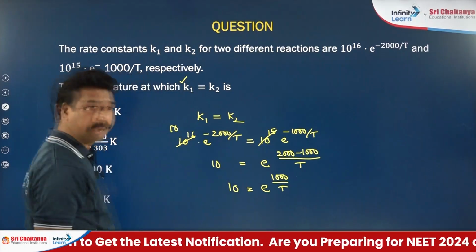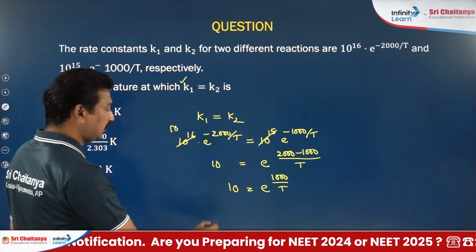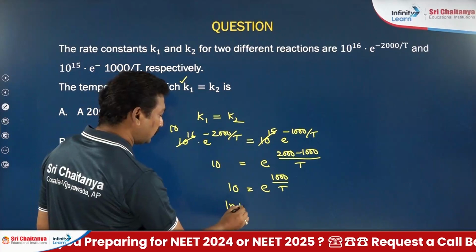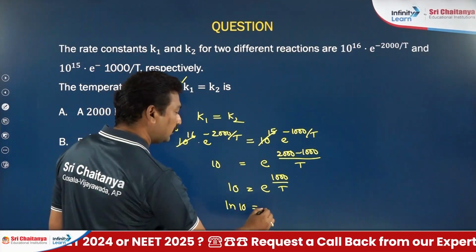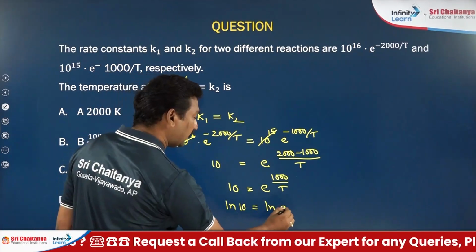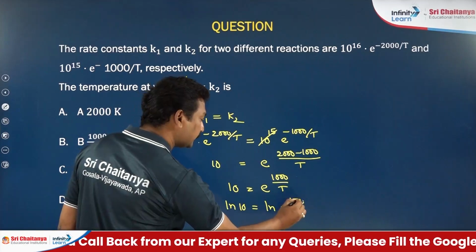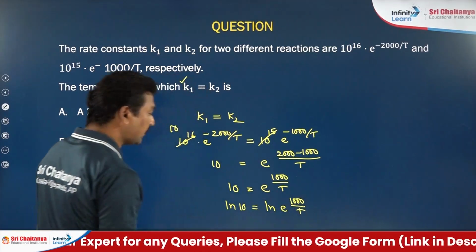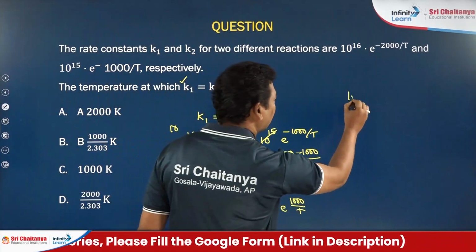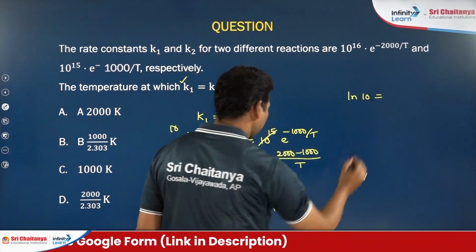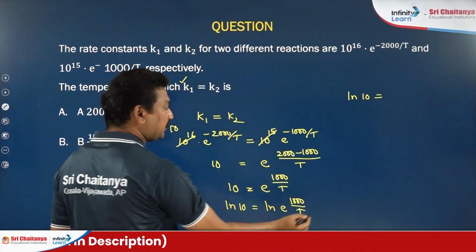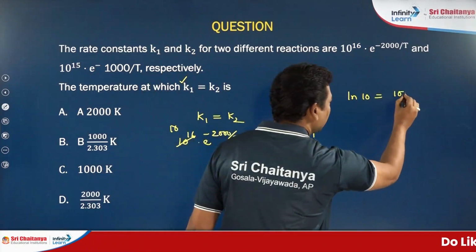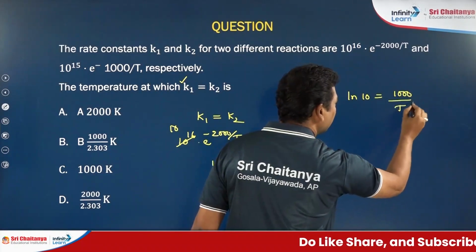This is equal to 10. Taking logarithms on both sides, ln 10 is equal to ln e power 1000 by T, which can be written as 1000 by T ln e to the base e.